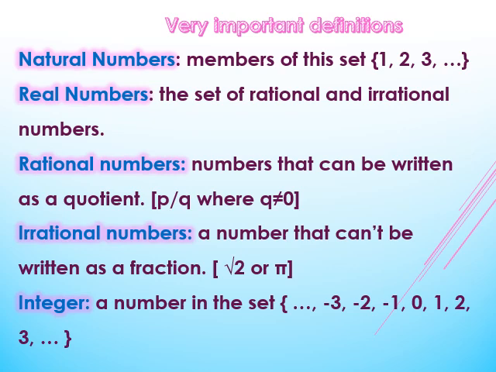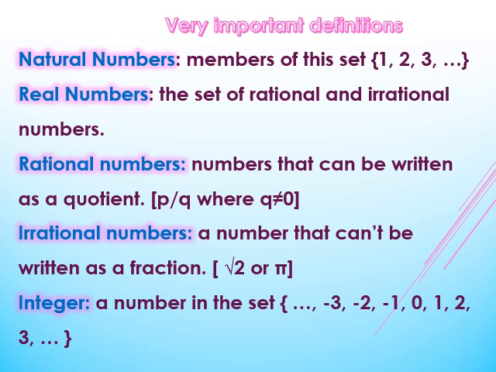Rational numbers are numbers that can be written as quotients, with a numerator and denominator, which are fractions, like p over q, or 2 over 3, where the denominator is never equal to 0. Irrational numbers are numbers that cannot be written as a fraction, which is the opposite of the rational numbers.